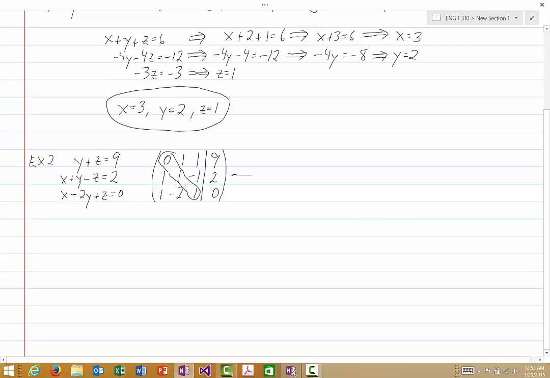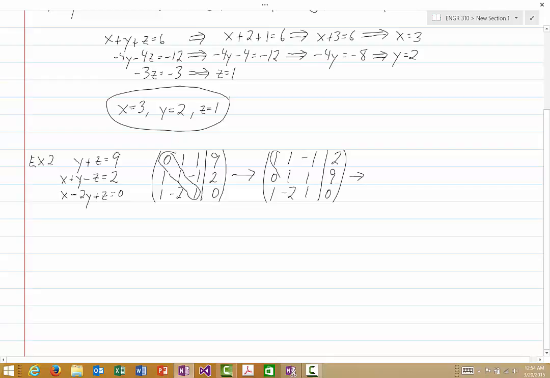When we switch the first row and second row, we get [1, 1, -1, 2], [0, 1, 1, 9], [1, -2, 1, 0]. And now we're in good shape.